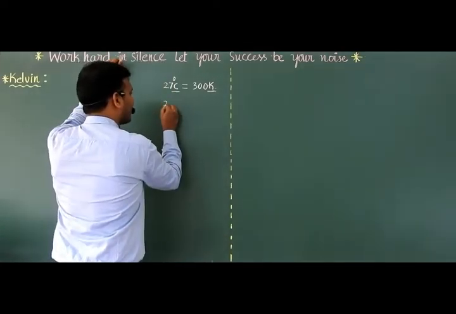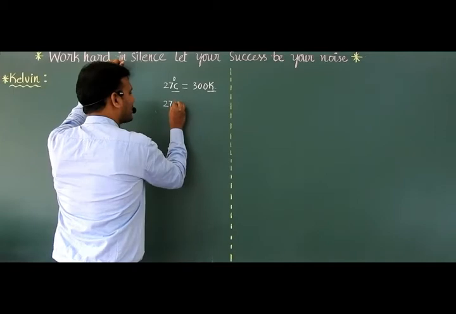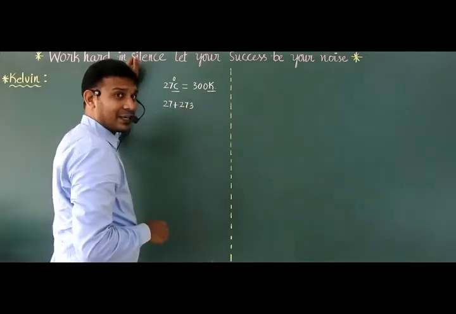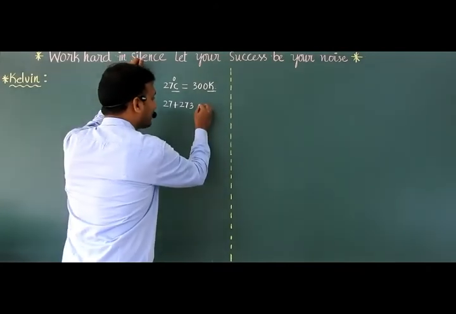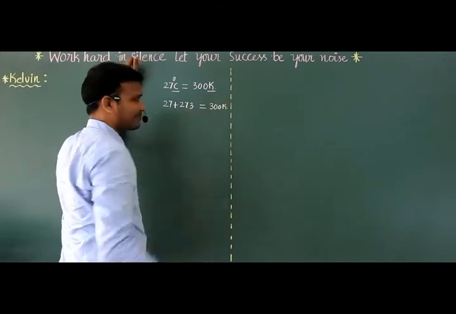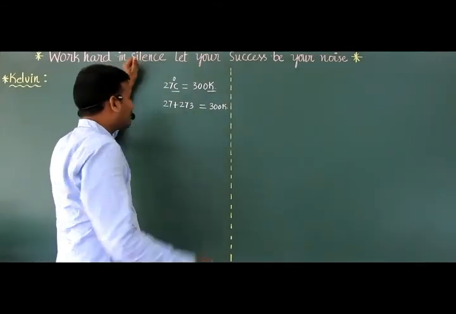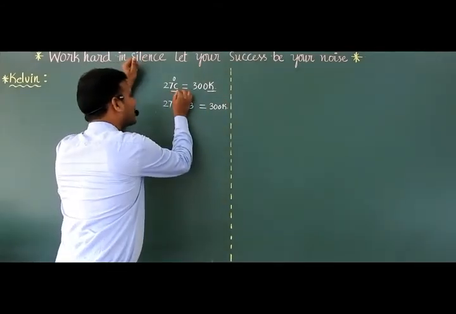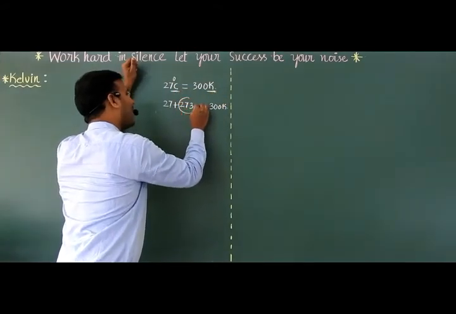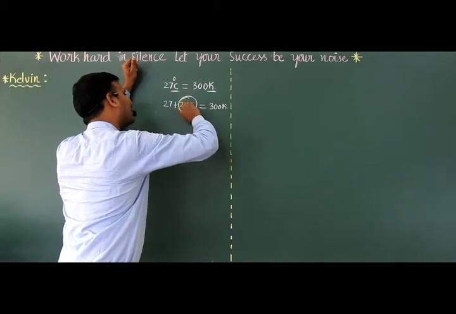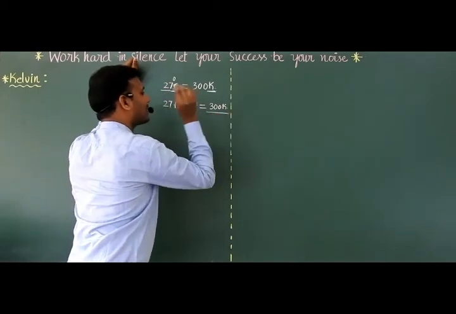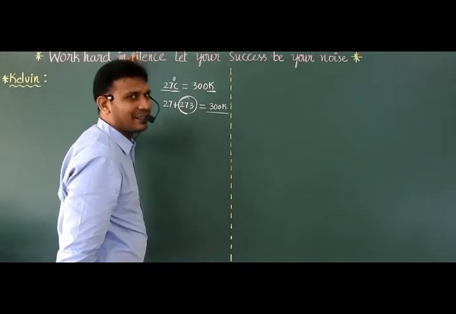Okay, see, 27, if it is added with 273, you will get how much? 300. Clear? So, if you convert degrees Celsius into Kelvin, we should add 273 to this 27, then you will get the temperature in Kelvin.